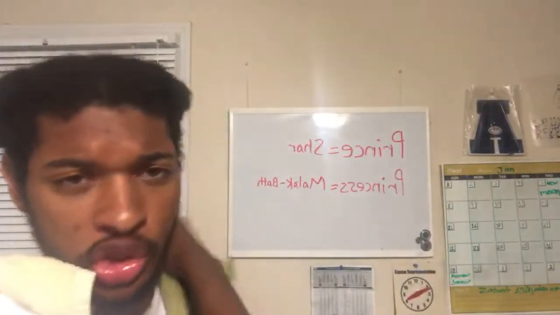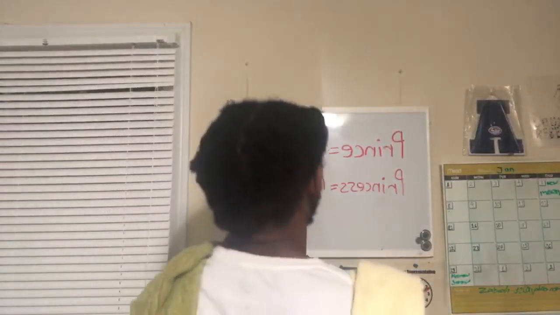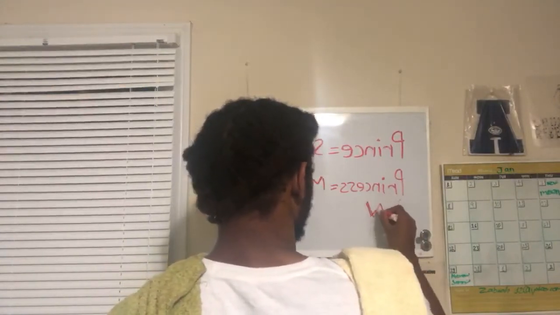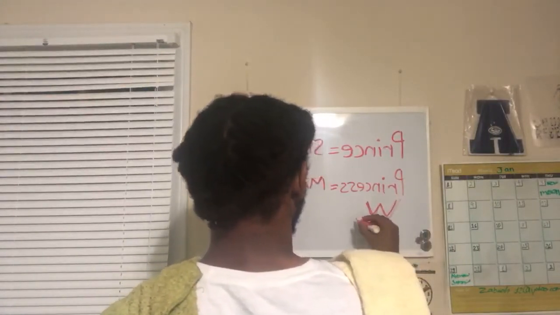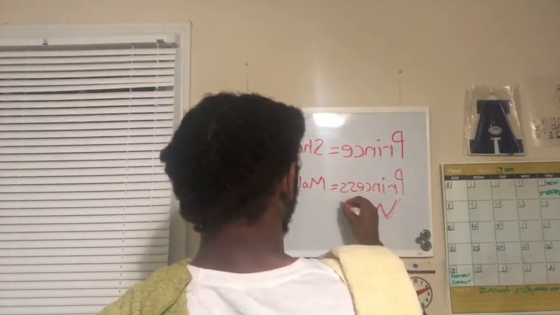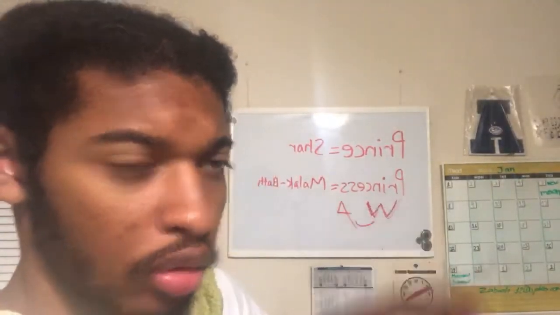And how you would spell Shar in the Paleo Hebrew is Shah Ra. Right, you see that? Shah Ra.